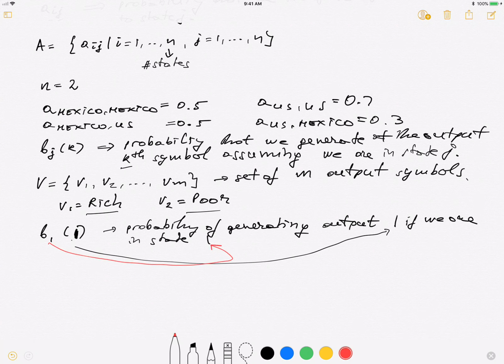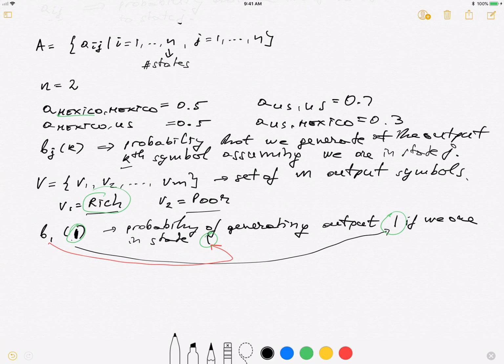So we are in state 1 and we are generating output symbol 1. Translation: what is output 1? Output 1 is rich. State 1 is by this definition Mexico.